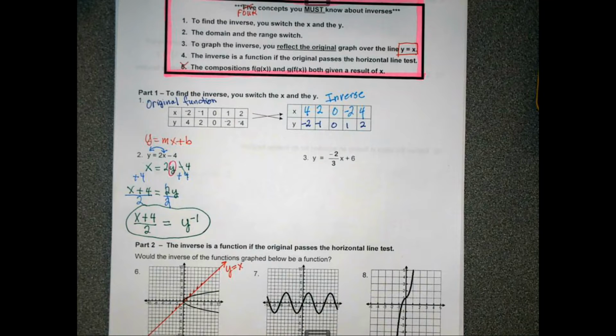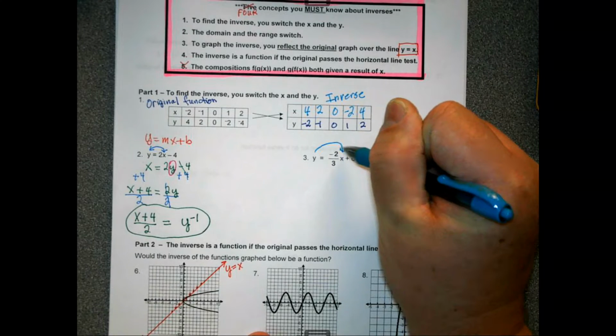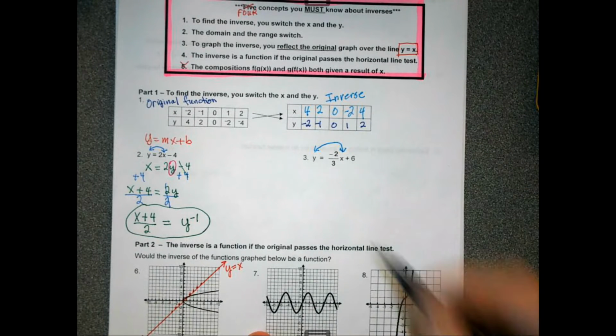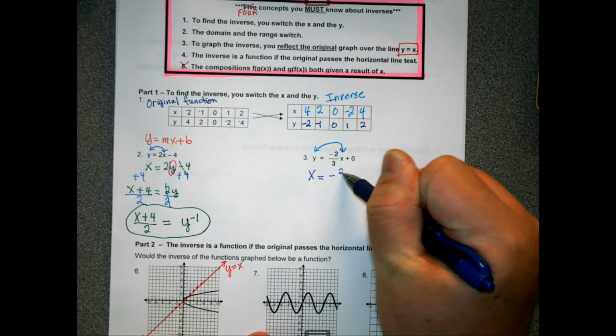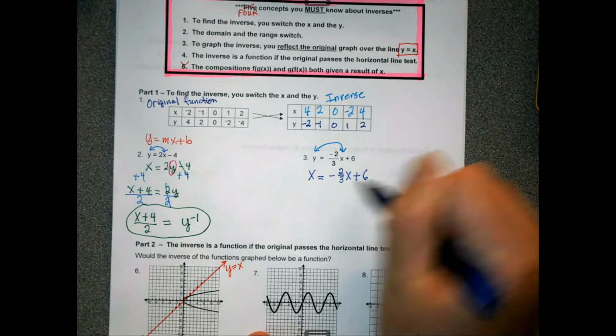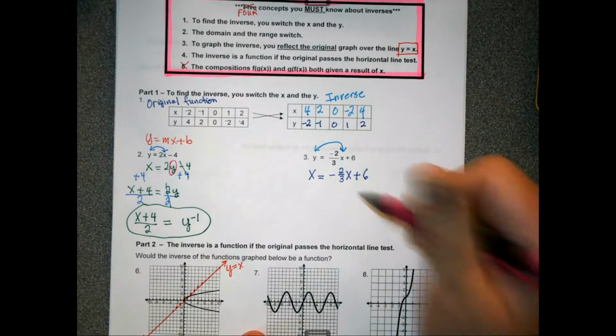All right, number 3. Step 1 is to switch the y and the x. So I have x equals negative 2/3 y plus 6. We have another line here, right? Oh, I'm sorry, this is a y.